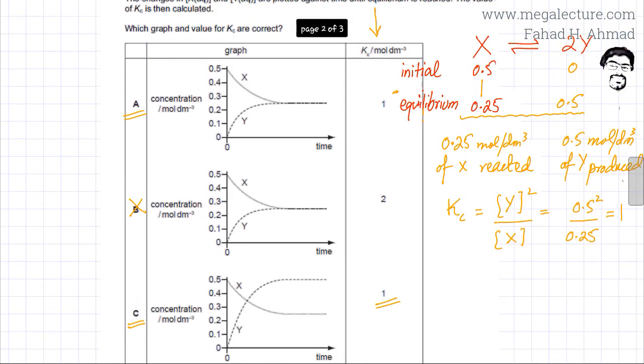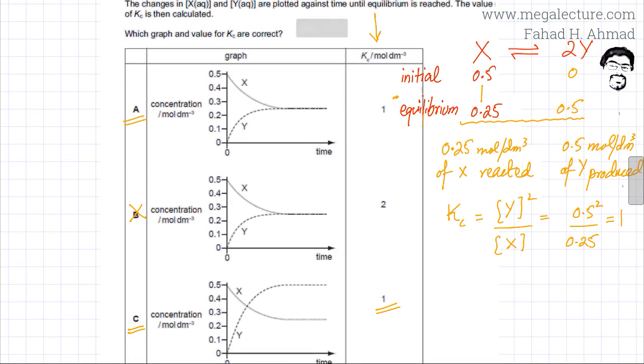Now we have to figure out which graph is correct. Now the concentration of X falls from 0.5 to 0.25, whereas the concentration of Y, which was initially 0, changes to 0.5 eventually. So the final concentration of X is 0.25 and the final concentration of Y is 0.5.